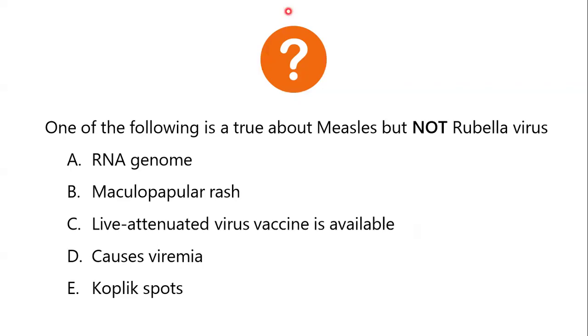E, good. Koplik spots. Remember I said Koplik spots is very specific for measles. Yeah, I'm done. Any question on measles, mumps, rubella?